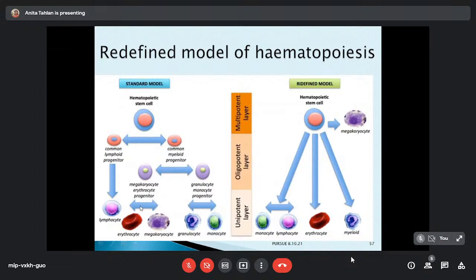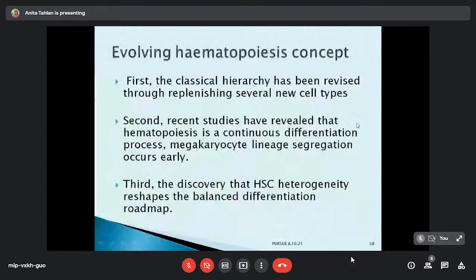There have been some advancements in this, and a refined model of hematopoiesis is now suggested, where instead of this three-tier mechanism, probably the hematopoietic cells are many and they directly differentiate into various cells. And megakaryocytes differentiate much earlier.